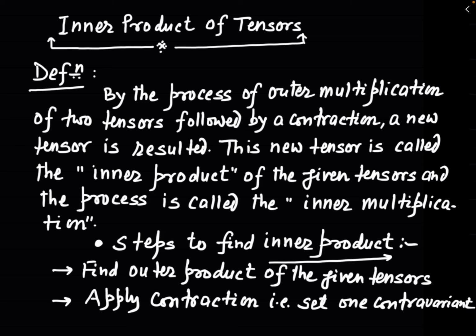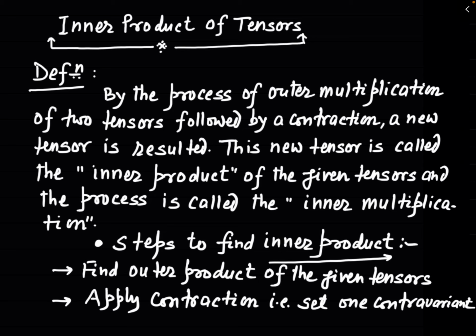It means the process of outer multiplication of two tensors followed by a contraction gives us a new tensor, and that new tensor is called the inner product of the given tensors, and the process by means of which you obtain the inner product of two tensors is called inner multiplication.